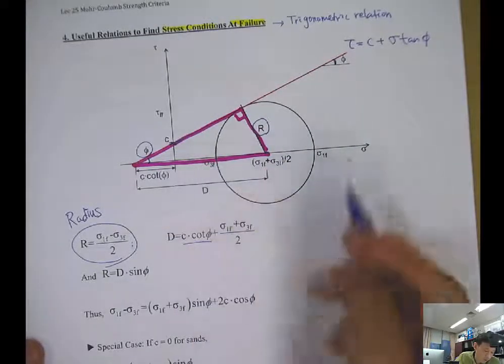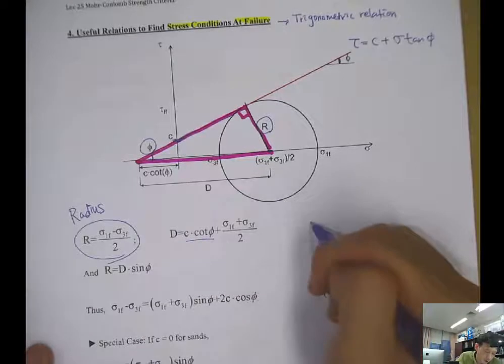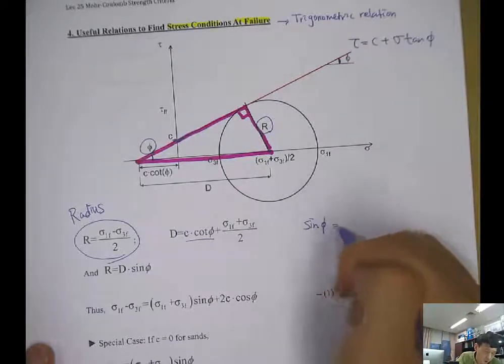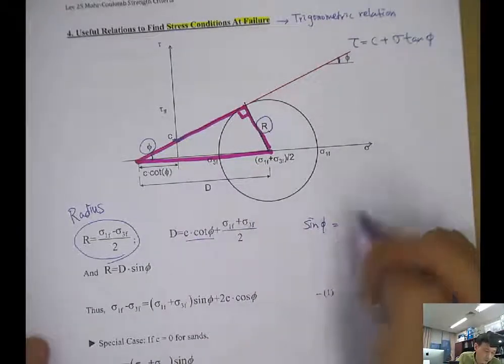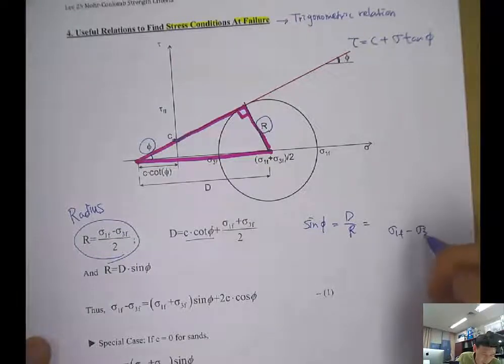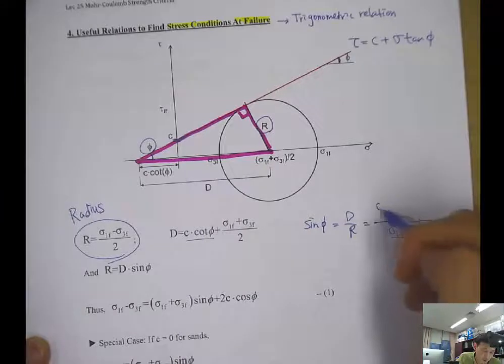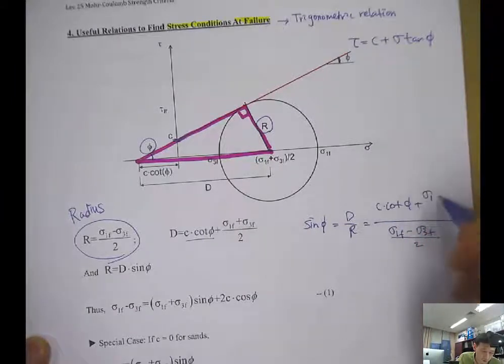So then the sine phi will be what? The sine phi will be R over D. So sigma 1f minus sigma 3f over 2 over C times cotangent phi plus sigma 1f plus sigma 3f over 2.